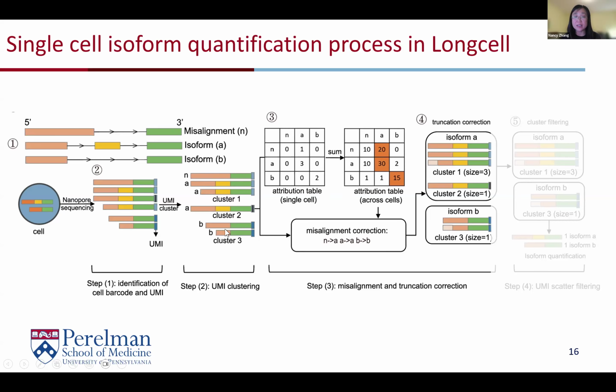So, B is easy because they all get assigned to B. And then A got assigned to itself in this cluster, and it got assigned to itself here as well. So there's 1, 2, 3 that got assigned to A. And then this N got assigned to A because it lost in that majority, or plurality, vote.